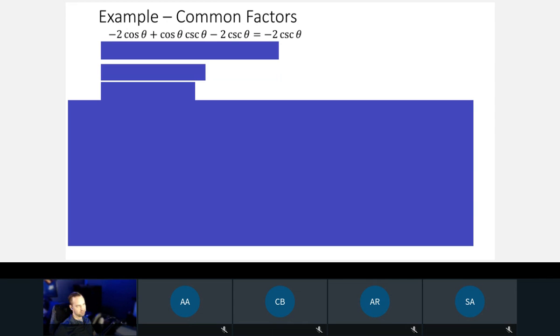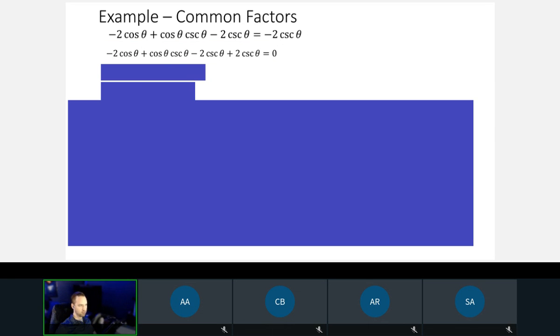That works too. So Danica said we're going to add 2 cosecant to both sides. Yep, that's right. And then you combine like terms. The negative 2 cosecant plus 2 cosecant, well, they cancel out, right? Negative 2 plus 2 is 0. So you're left with just that. All right, what's the next step?